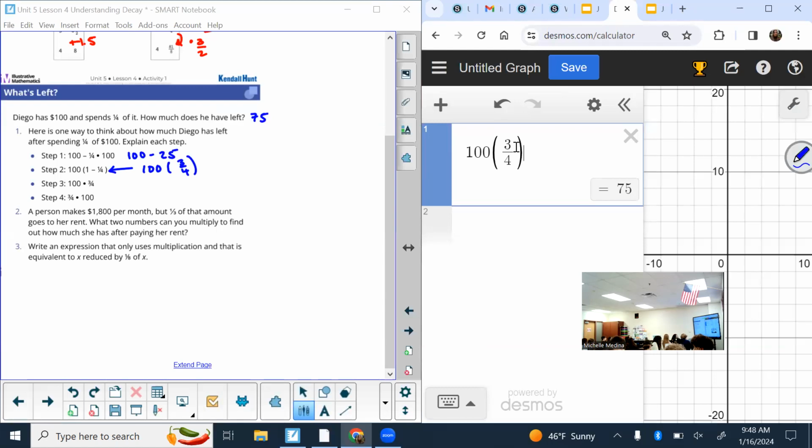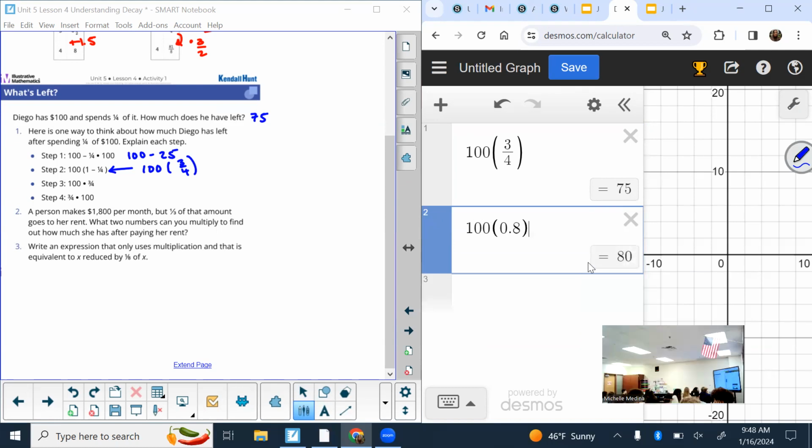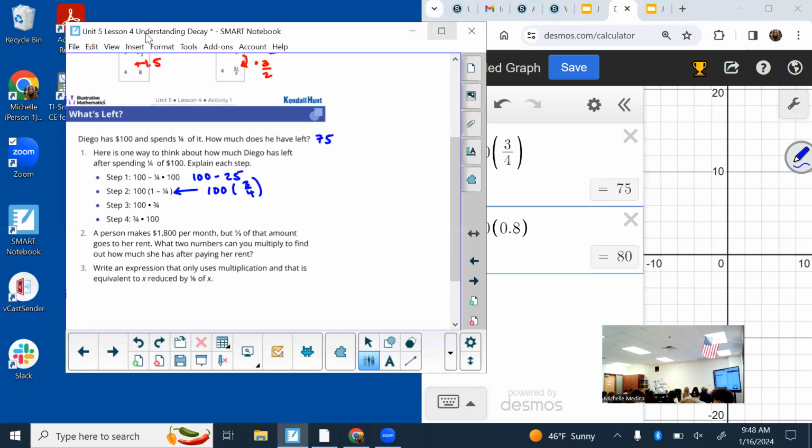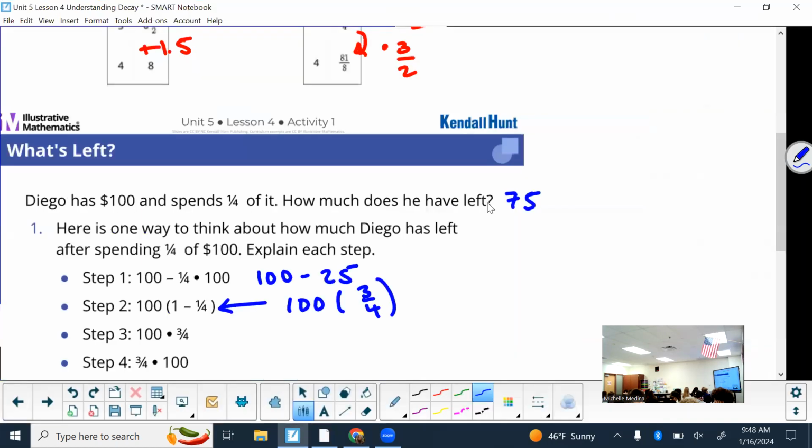After teaching this lesson, I realized it'd be a lot easier to just multiply it by what remains. That's just one step I'm having to do in the calculator. So this really did help me in the real world, like save myself some time. It could help you not only with this lesson, but also in those situations as well.